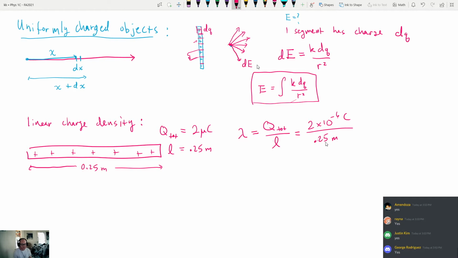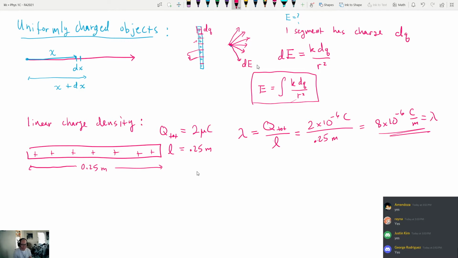Dividing by a quarter is like multiplying by 4, so this is going to be 8 times 10 to the negative 6 coulombs per meter. That's what lambda is. This would be for a uniformly charged rod. It has 8 times 10 to the negative 6 coulombs per meter.